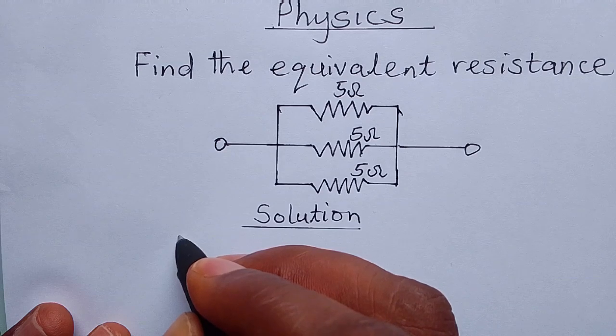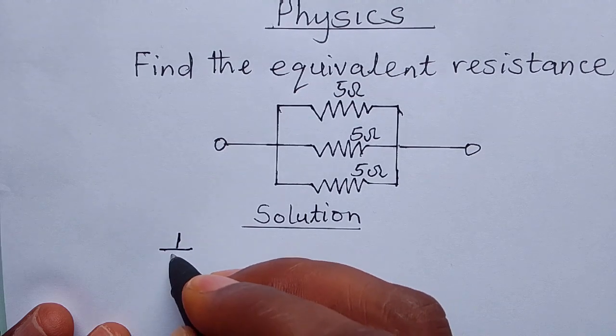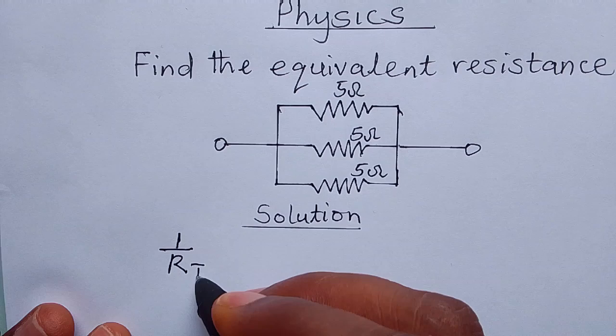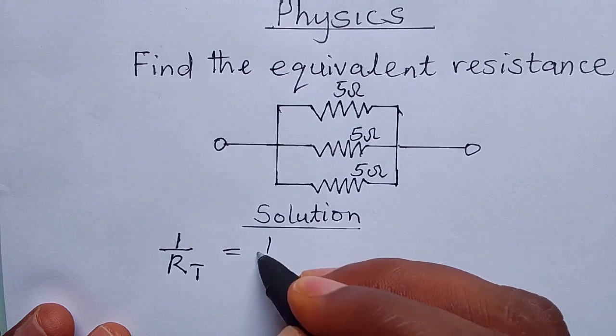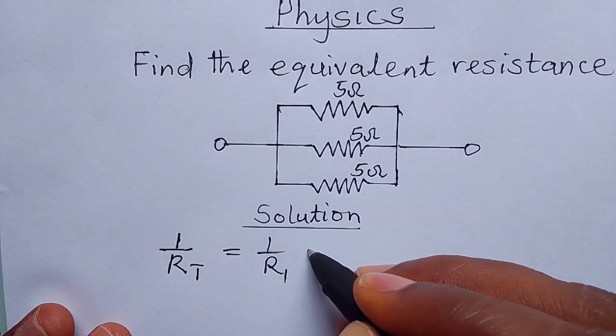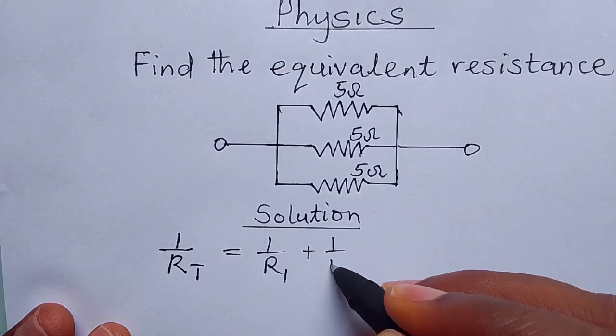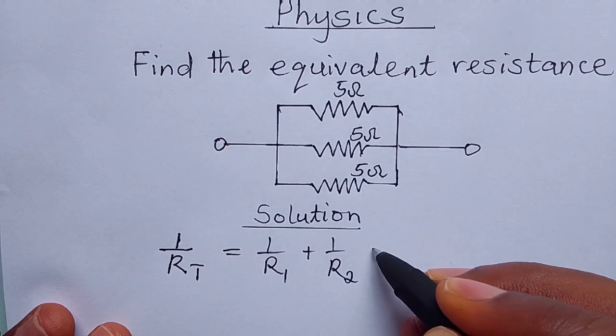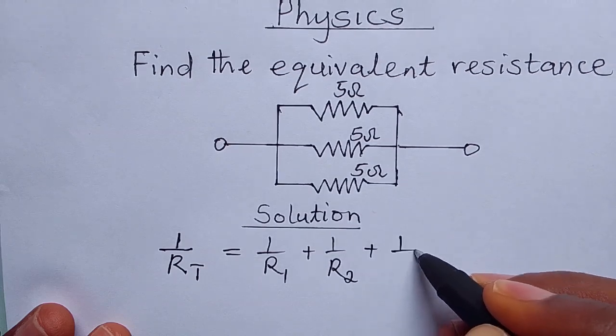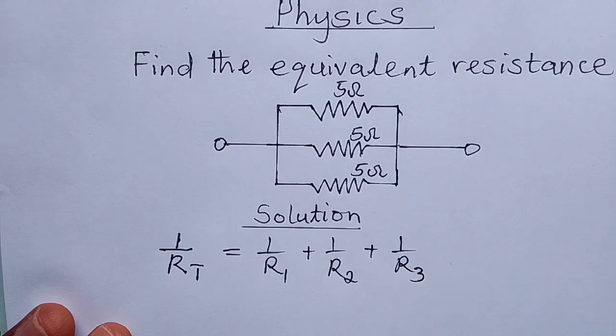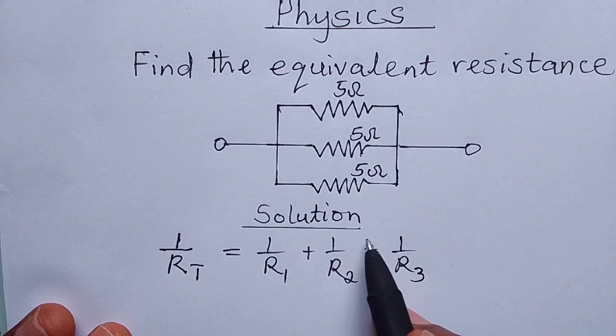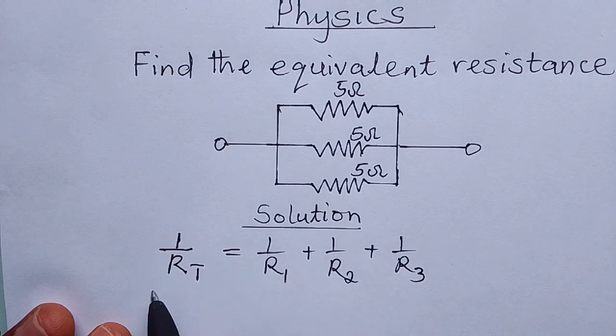For parallel connection, we have the formula 1 over R_T is equal to 1 over R1 plus 1 over R2 plus 1 over R3. This is the formula for finding resistors in parallel connection.